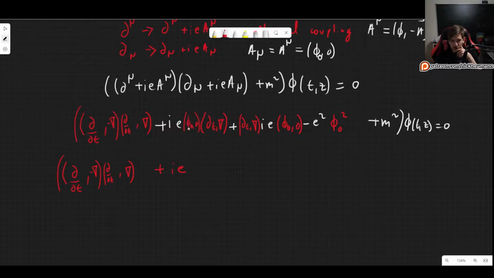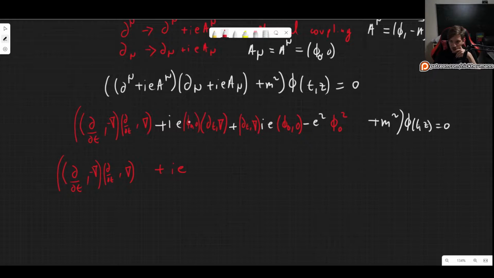So if we want to multiply these two together, the spatial part will not matter, because if we take the derivative of anything and we then multiply by 0, it's going to be 0. So in both of those terms, there will not be any space part. It will go to 0.